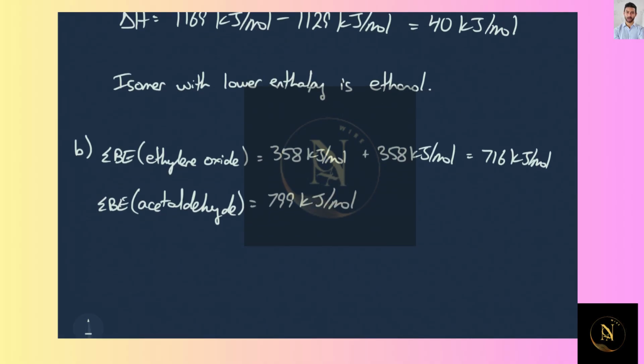And in this example here, we have delta H, which is 716 minus 799.